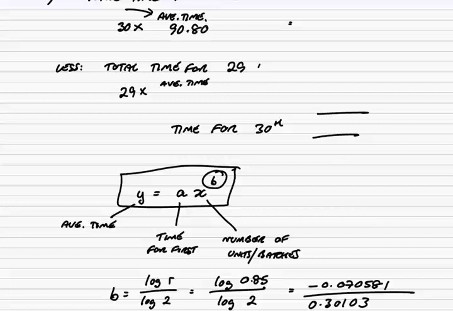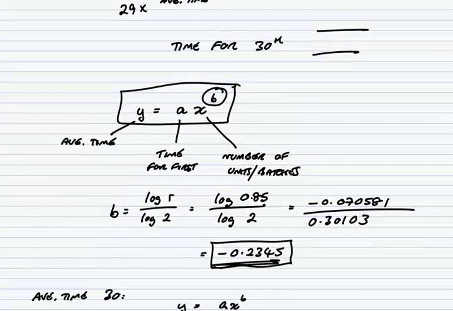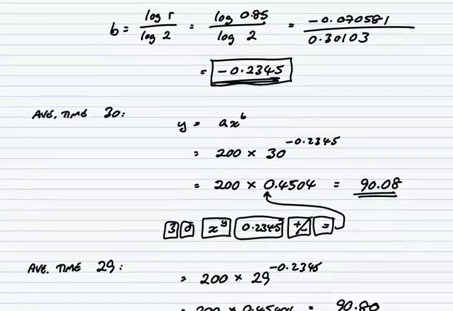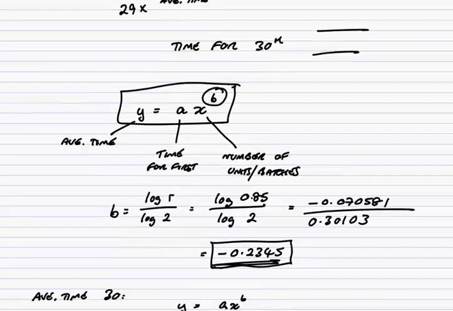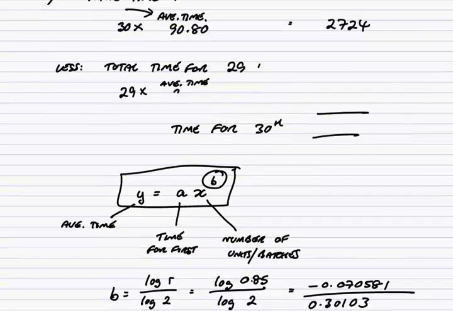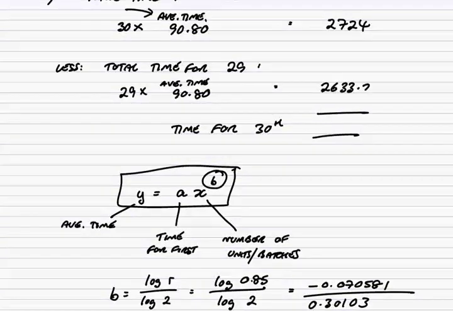The total time for 30, therefore, 2724. Similarly, the time for 29. 29 times the average. The average when we made 29 is 90.8. Giving total 2633.2.